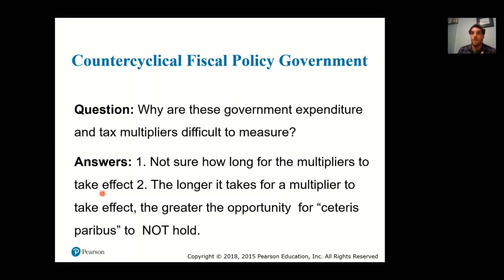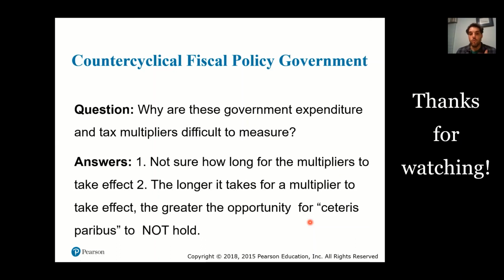So given a large time frame, things can happen that aren't specifically a result of an increase in government spending or a decrease in taxes. What I'm trying to say is this idea of ceteris paribus, all else equal, isn't going to hold. So these things that happen create confounding effects, which make estimation of the multipliers really hard to pinpoint.